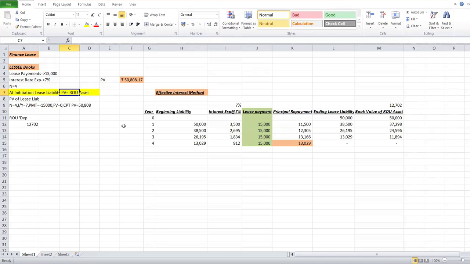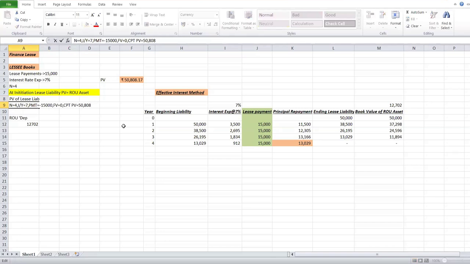But especially in the finance lease, they have different year-on-year values, like the ROU value at year two versus the lease liability value at year two. Their year-on-year values will differ with the passage of time, but their journey begins at the same amount. This is the example that I have recreated.